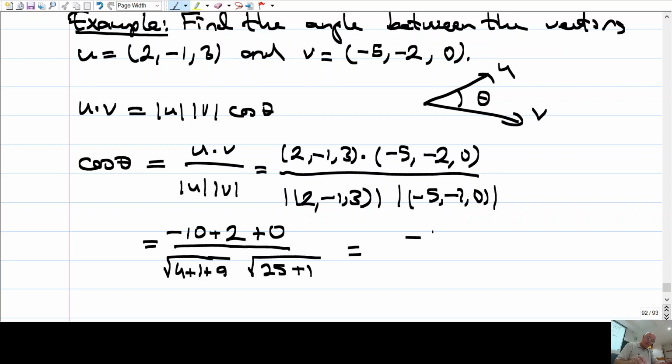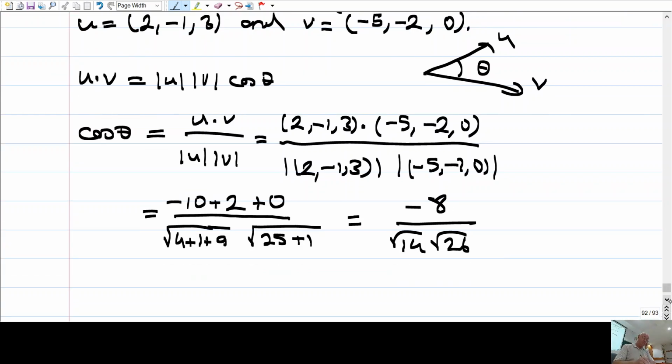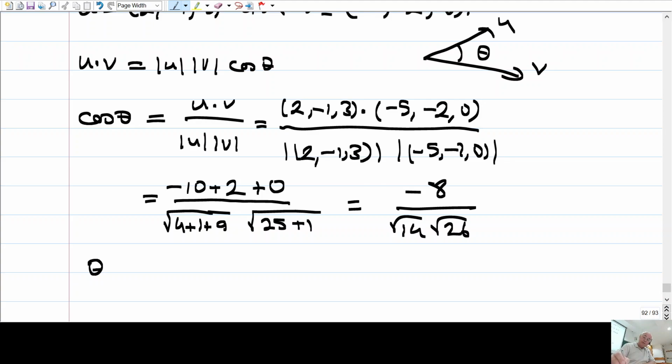So this is minus 8 over root 14 times root 26. So therefore theta is just cosine inverse of minus 8 over this number, whatever it is, square root of 14 times 26.